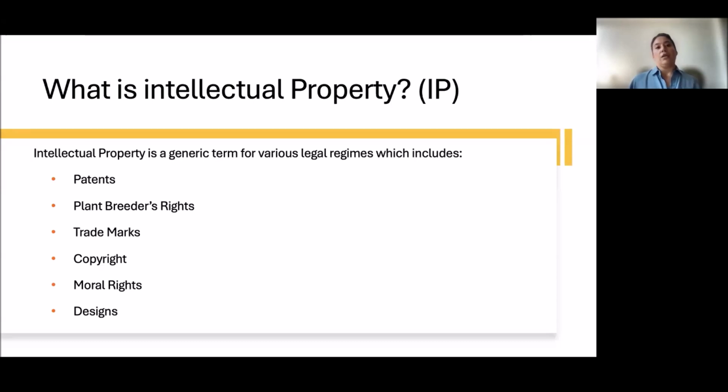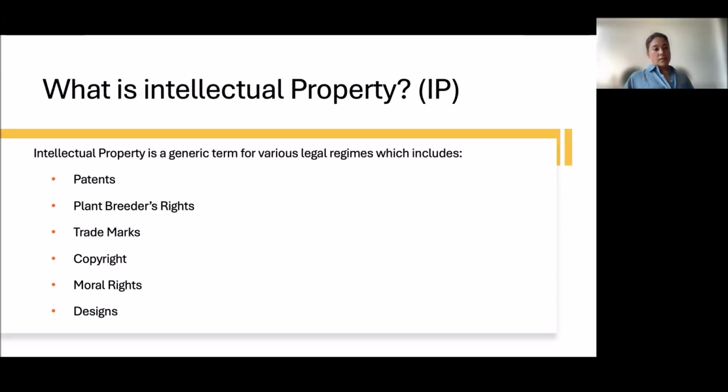So a minor change in the work could escape the protection. So that's why patents are preferred over copyrights as a form of intellectual property protection for technological things.